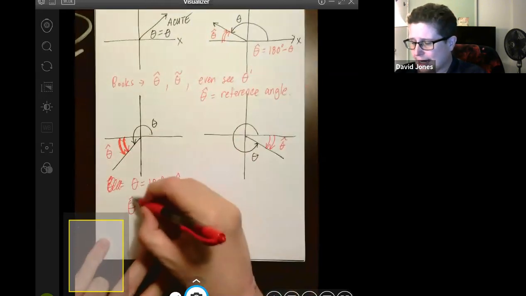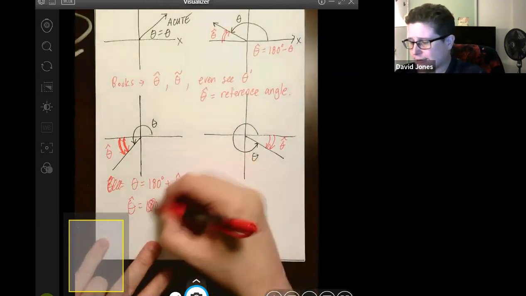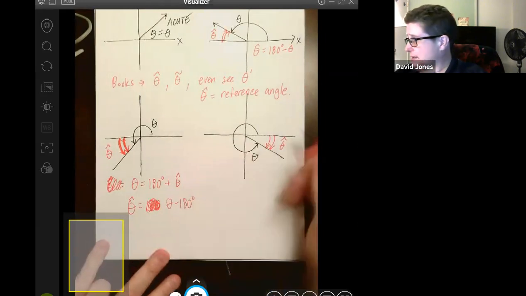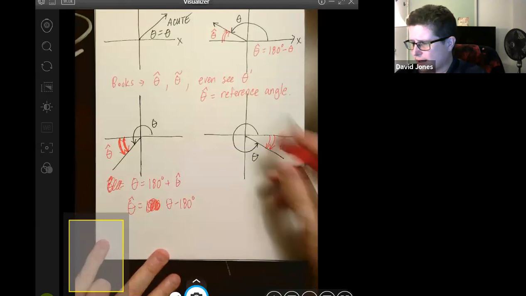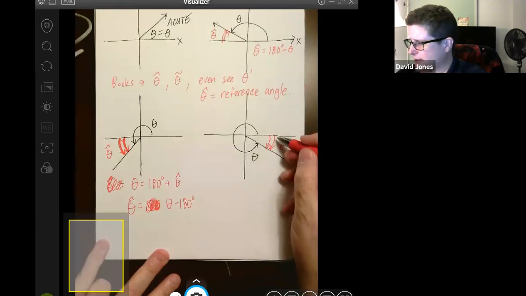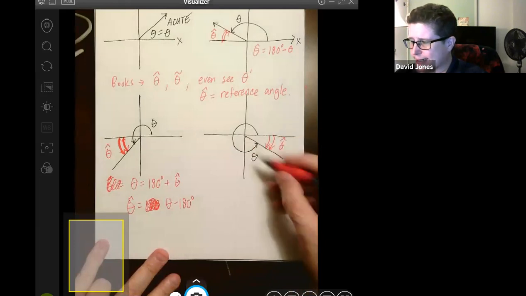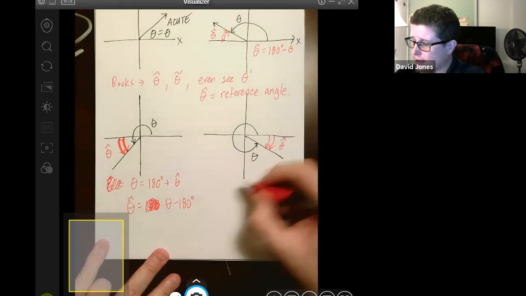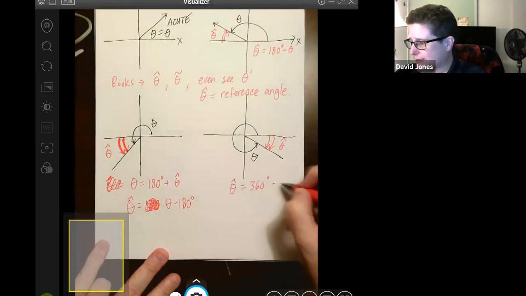So theta hat equals theta minus 180. And here, if we go all the way around, it's 360, but then we have to subtract theta. So theta hat is 360 minus theta.